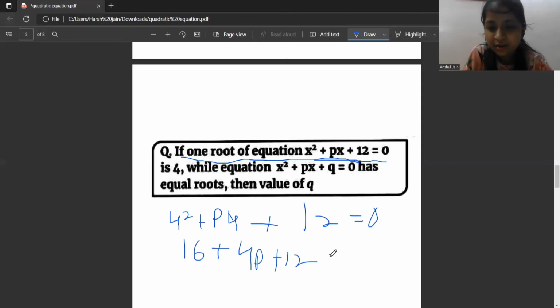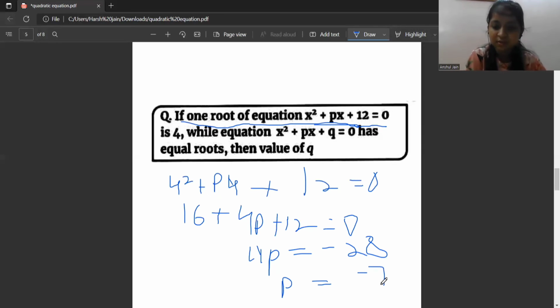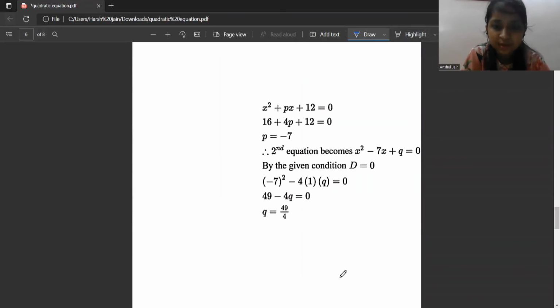So I am directly writing in the next step what I am getting: 4p is equal to minus 28 by 4. What is it coming out to be? Minus 7, right? So this is the step. Now you get the value of p, right? I have reached this step.